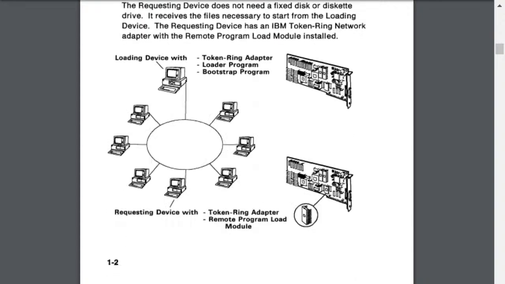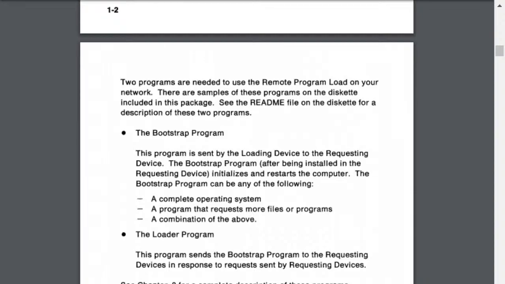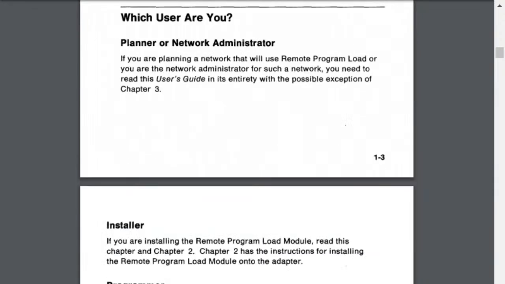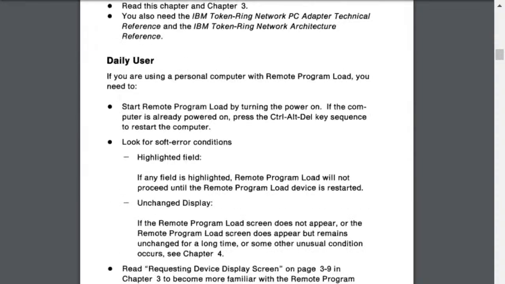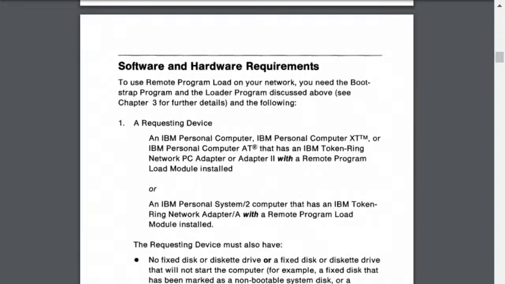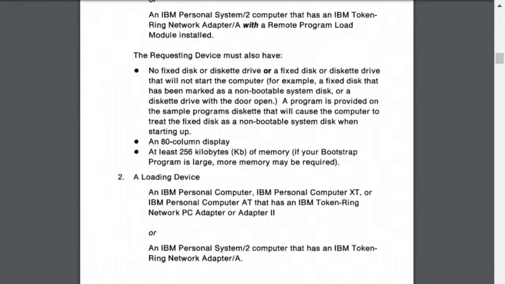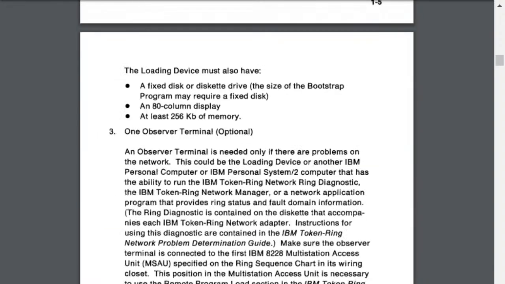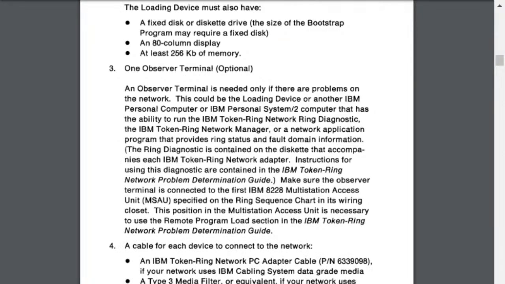I found it kind of cool. They do a which user are you, and they talk everything from the network administrator or the planner to the point of the daily, down to the daily user. Talk about the prerequisites here.